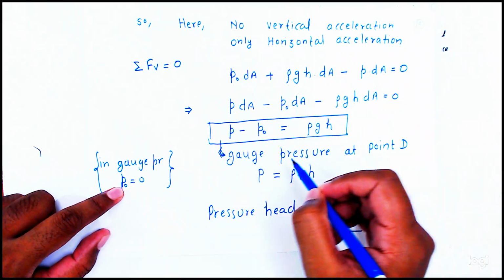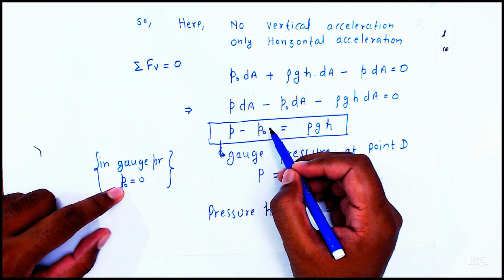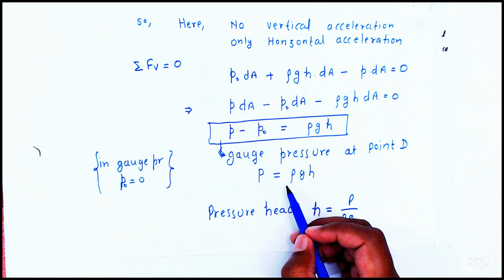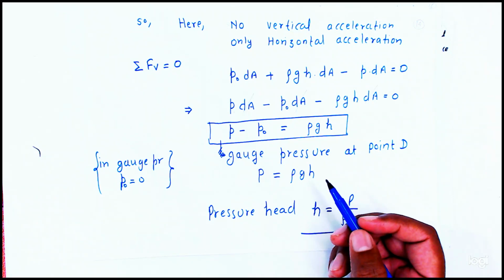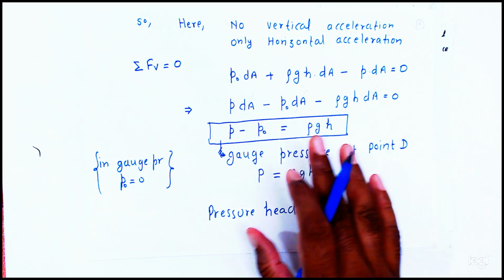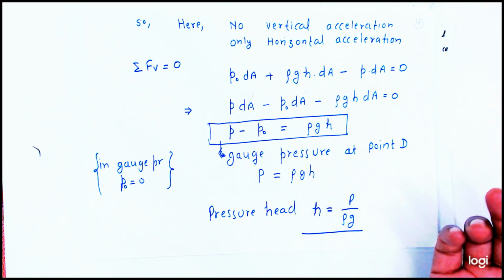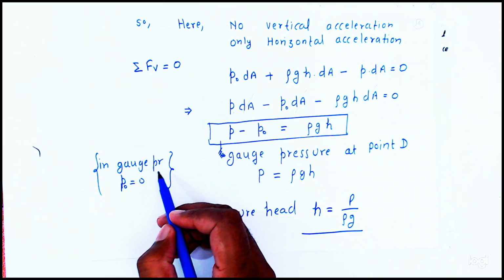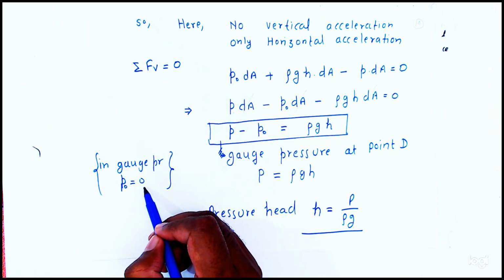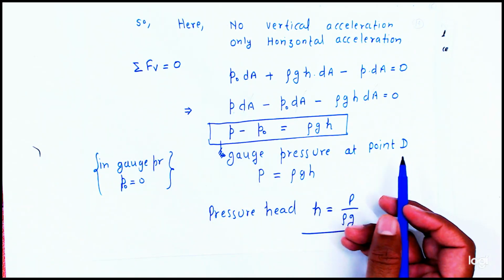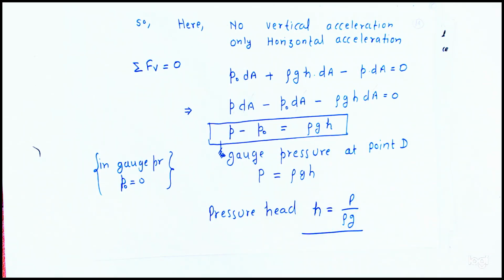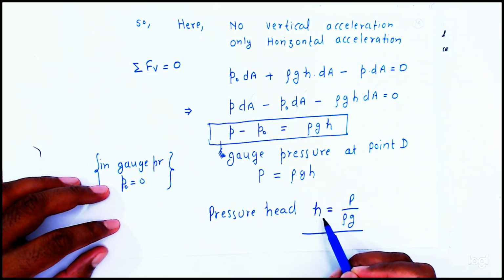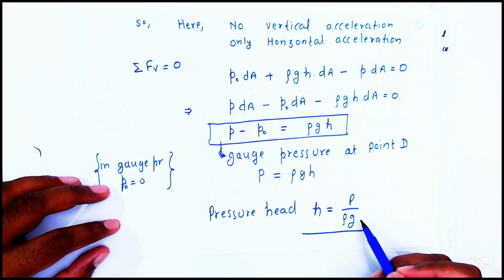So if you are considering gauge pressure at point D, this term will be 0. So P equal to what? Rho g H. In gauge pressure we take the atmospheric pressure as the base. It means atmospheric pressure at this point is equal to 0. In gauge pressure we count atmospheric pressure as 0. So the gauge pressure at point D is P equal to rho g H, and we can say from here the pressure head H is equal to P by rho g.